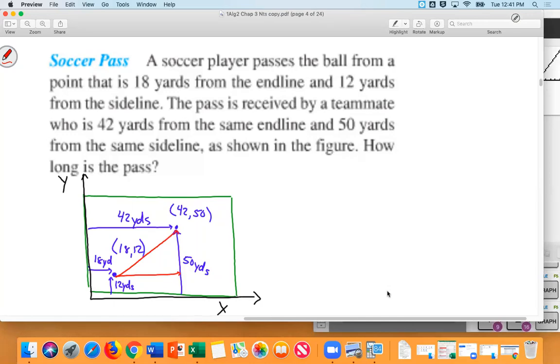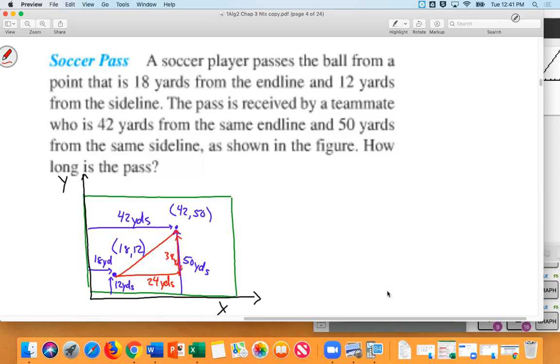What's 42 minus 18? 24. So this is going to be 24 yards. How far is this distance? 38 yards.